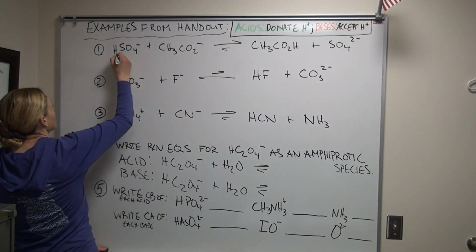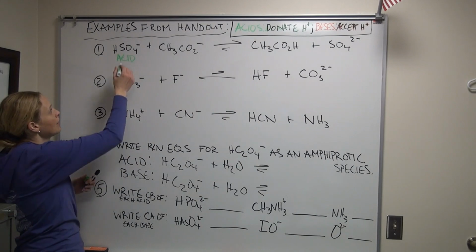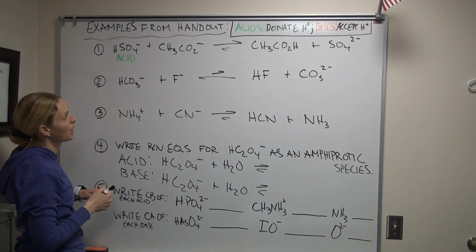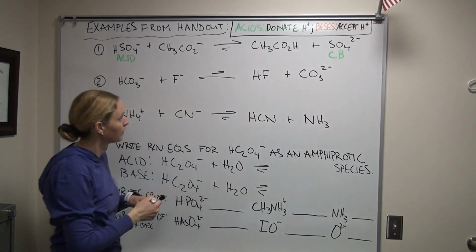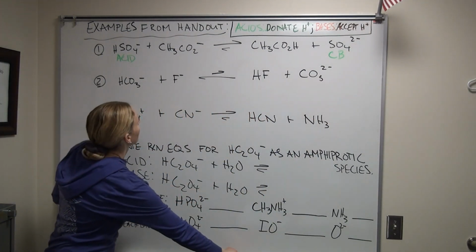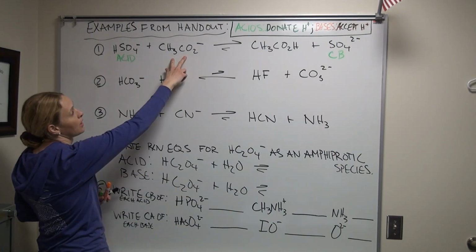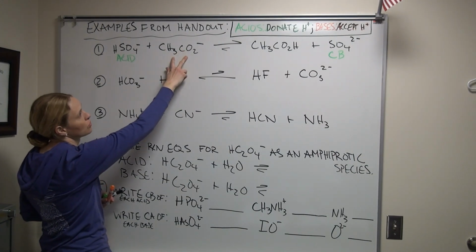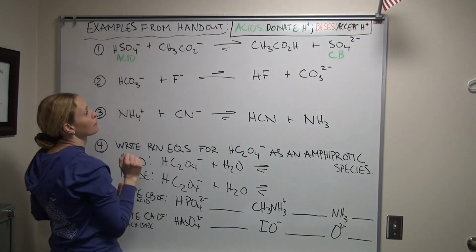So this is the acid, and since it's only a difference of a proton, its conjugate base would be the SO4 2-. Okay, and then that means this substance here, which is the acetate anion from acetic acid, gained a proton, so it accepted the proton from the acid.